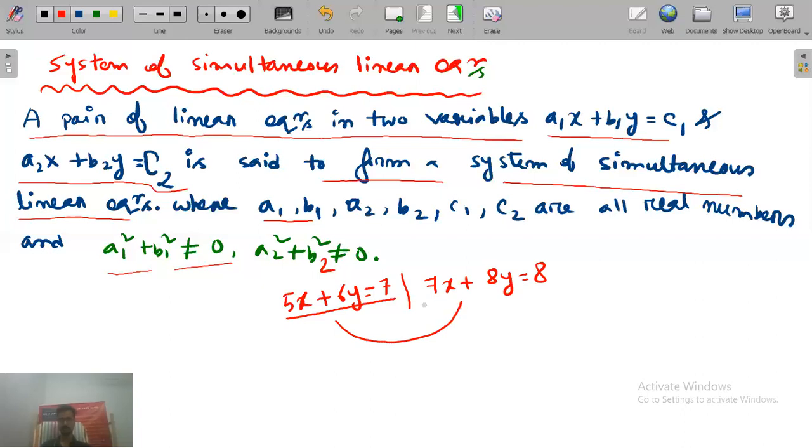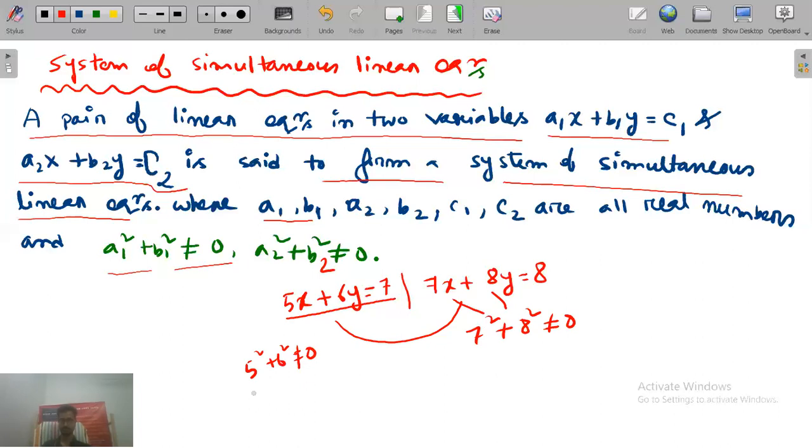Simultaneous means similar linear equations. The second condition is that the coefficients of x and y, the sum of their squares, cannot be 0. Here 5 square plus 6 square will not be equal to 0, and here also 7 square plus 8 square is not 0. So the first condition is that the linear equation must be in this form, and the second condition is that the sum of the squares of the coefficients cannot be equal to 0.